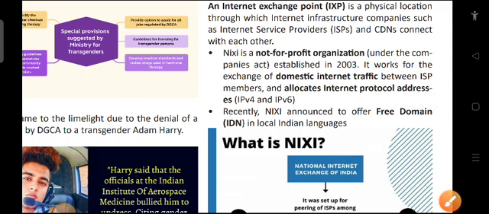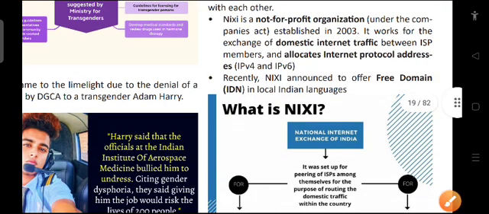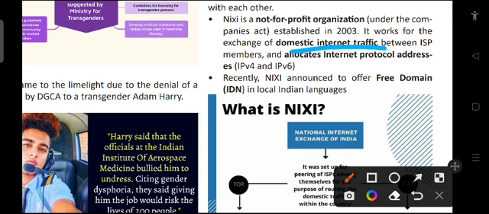Now NIXI is a not-for-profit organization under the Companies Act, established in 2003. It works for the exchange of domestic internet traffic between ISP members and allocates internet protocol addresses, IPv4 and IPv6. So every website or everything on the internet has a particular IP address.